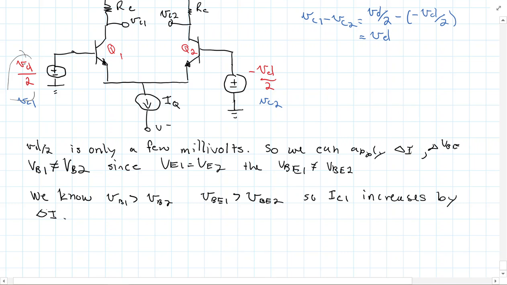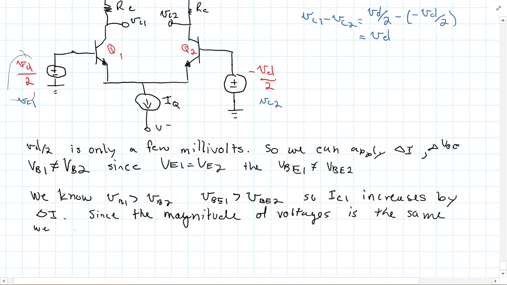But since these voltages are the same, I should say since the magnitude is the same, we know IC2 will decrease by delta I.